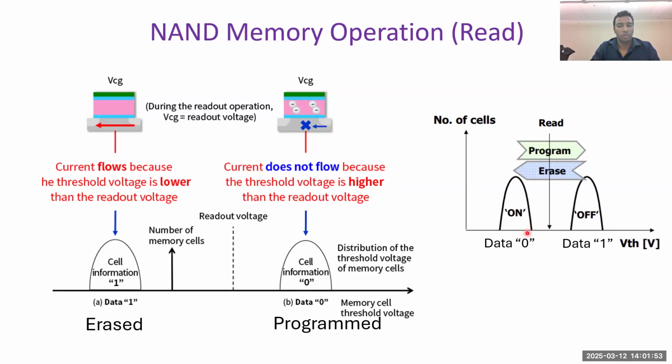If you apply a small voltage on the drain of the MOSFET and sense that current, you will figure out that the MOSFET is on. So that is basically a data 0, and it is in program state. If there is no current through it, then you can consider it's data 1, or basically it's an erased cell.